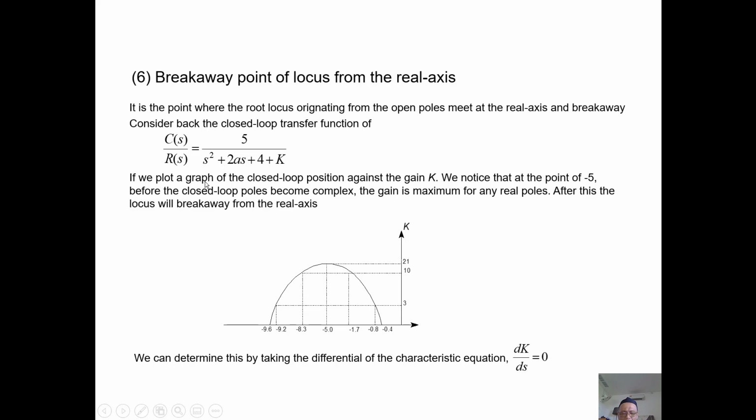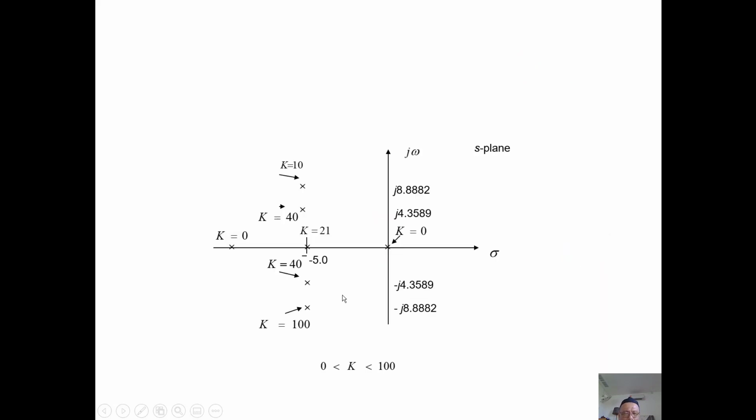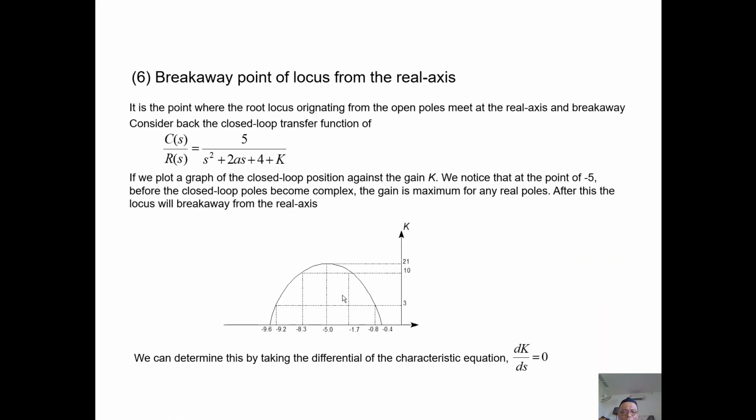So if we plot, remember, we see that as the gain increases, the poles also change, and at the double root, you have a double root, and after that, you have a complex root. Then you see that the locus basically breaks away. So this can be shown from here also.